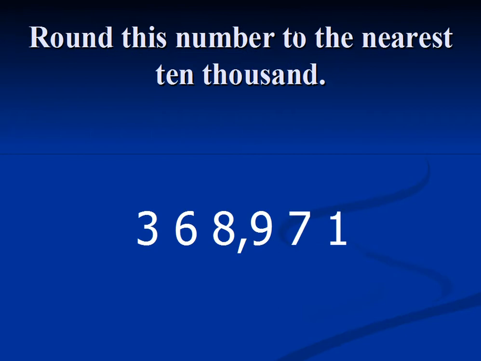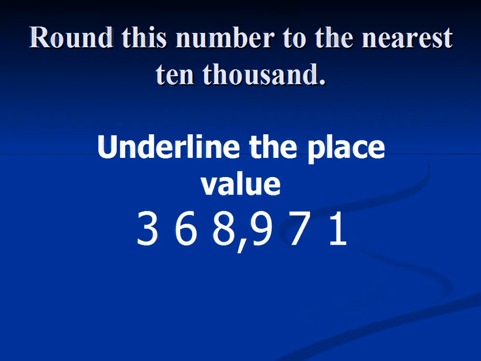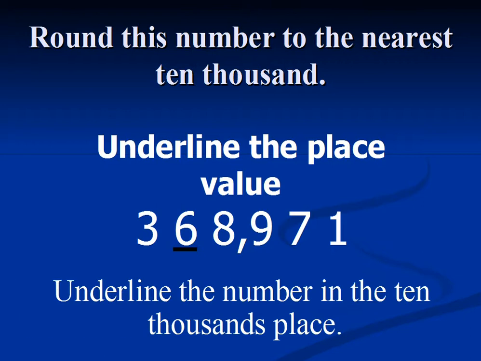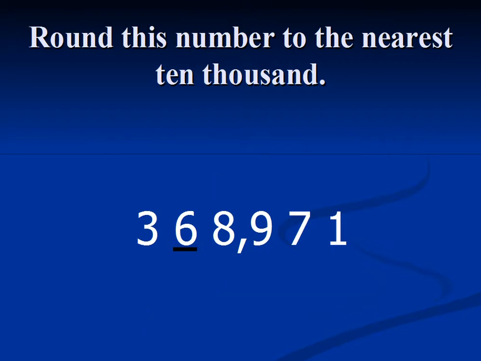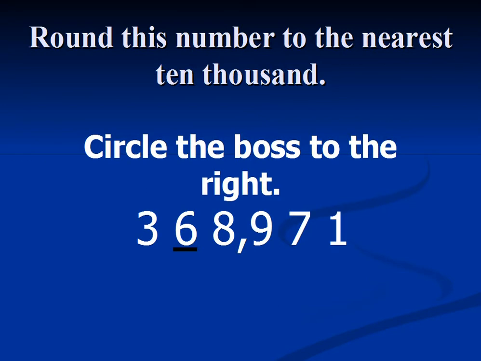Alright, so we're going to do a couple of examples to show how this works. Round this number to the nearest 10,000. We're going to first underline the place value. That is the 6. 6 in that place is the 10,000. So obviously underline the number in the 10,000s place. Next step, circle the boss to the right.